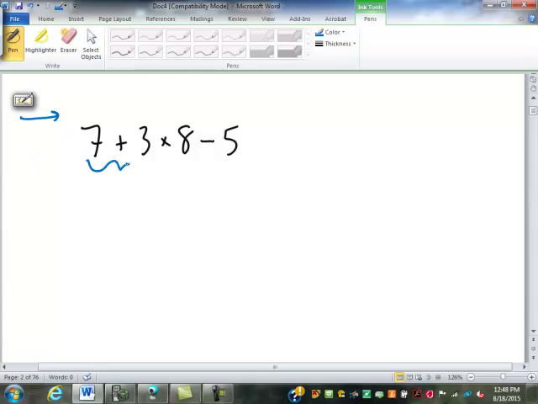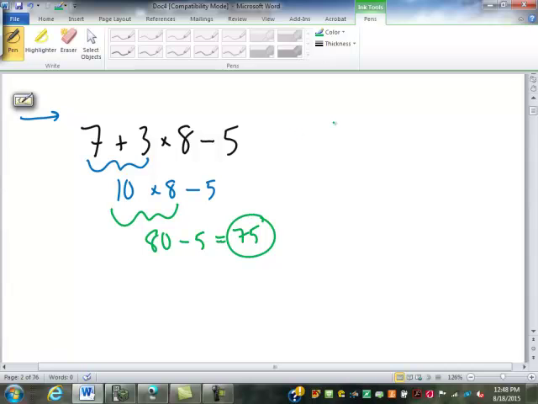So I'm going to do 7 plus 3 is 10. 10 times 8 is 80. Minus 5 is 75. And that does make perfect sense. The only problem is it's wrong.